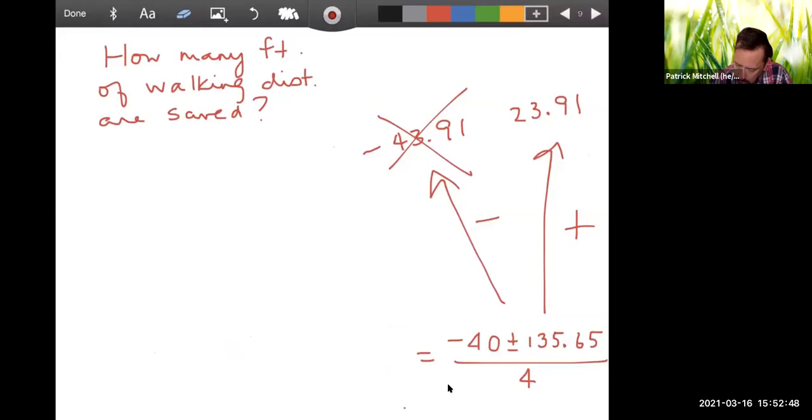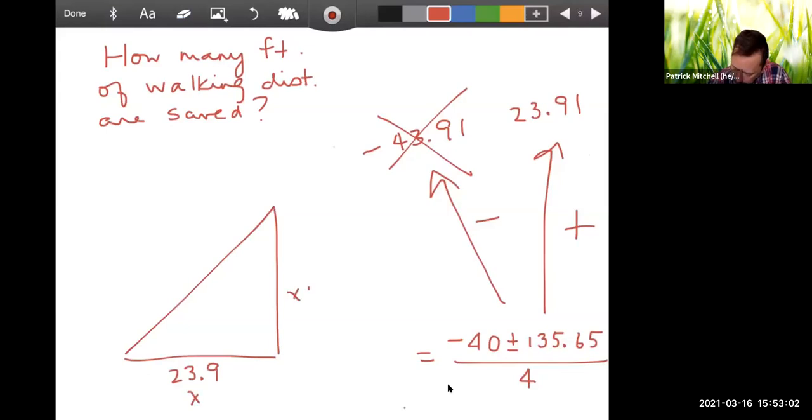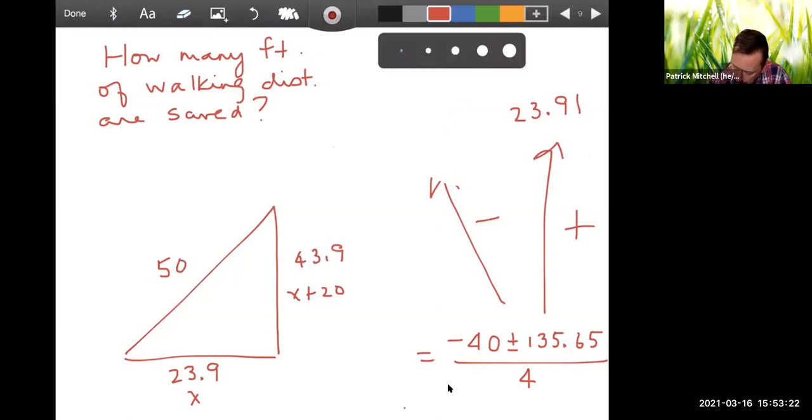Okay, so I think what I'm going to do is draw that picture again. And this time I'll put in the actual numbers. So 23.9 was X, which would mean X plus 20 is 43.9. And the distance cutting across is 50. So the amount of walking distance that's saved is, instead of going 23.9 plus 43.9, you just go 50.